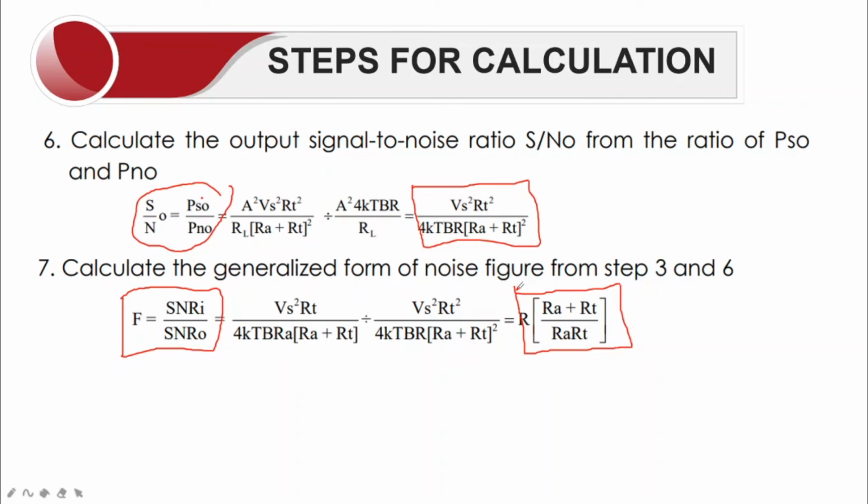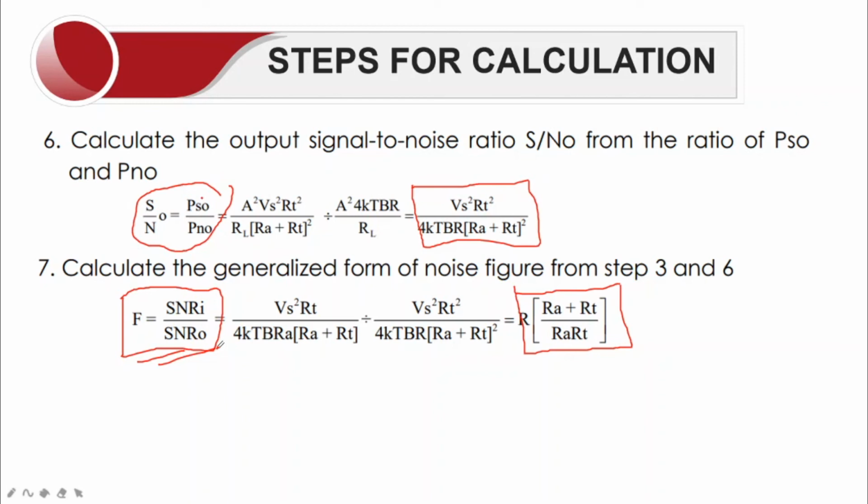And again, ang noise factor ay simply the ratio of the input signal to noise ratio over the signal to noise ratio output. So, ito lang talaga siya. Ito na talaga siya. Pero, since ang given natin ay resistances, kaya kailangan pa natin kunin yung PSI, PNI, para makuha yung SNR input.